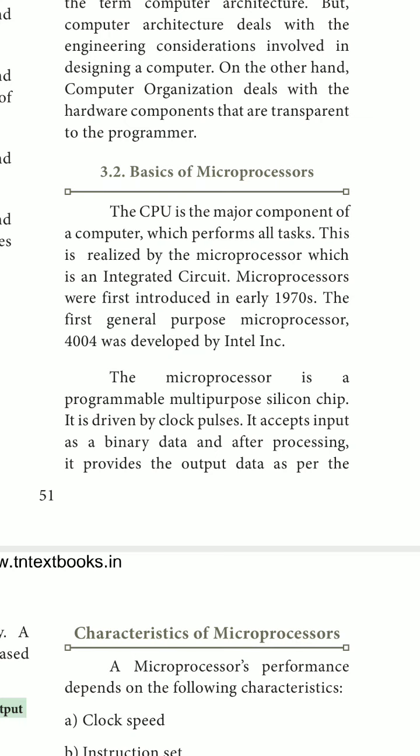All the latest technology will be there in the CPU: dual core technology and internal cache, and the size of the internal cache will be a little larger, and it can handle multiple cores and multi-threading. These are all the different things that we'll see in the chapter.